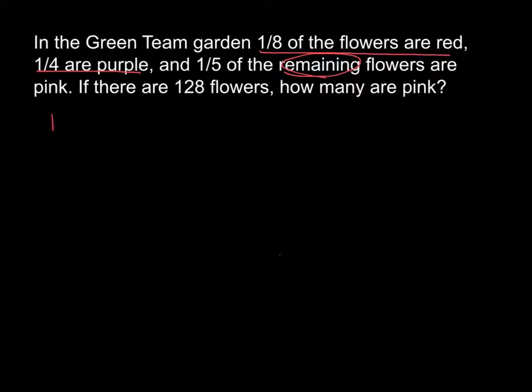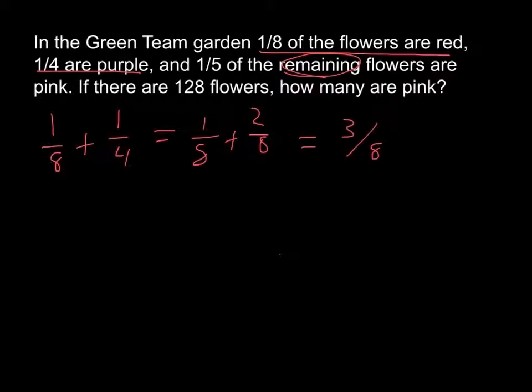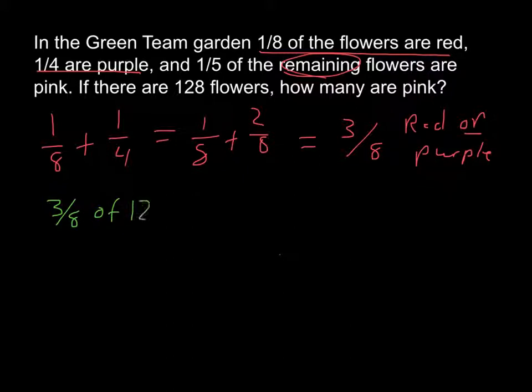So what I would do is I would say 1/8 are red and 1/4 are purple, so that I can say that 1/8 plus 2/8, remembering that 1/4 is the same as 2/8, 3/8 of the flowers are red or purple, which then we can say that 3/8 of 128 flowers are red or purple.